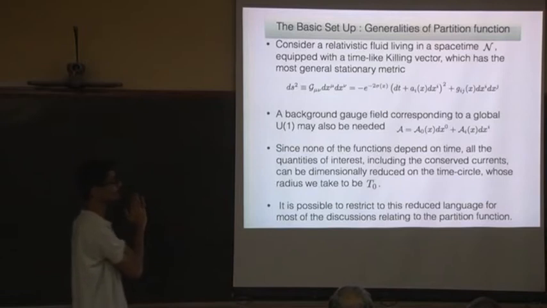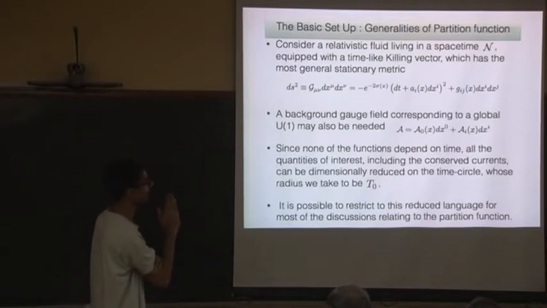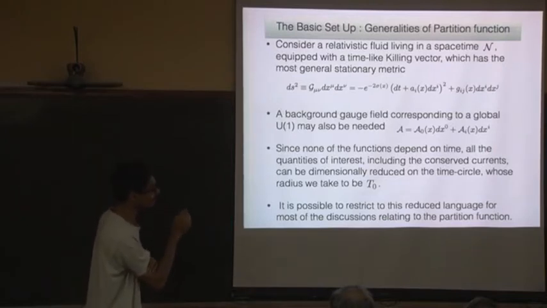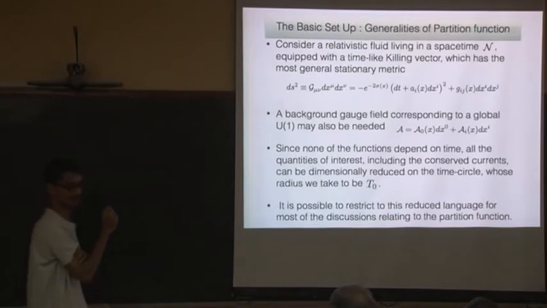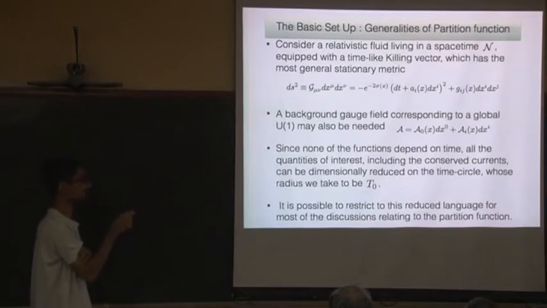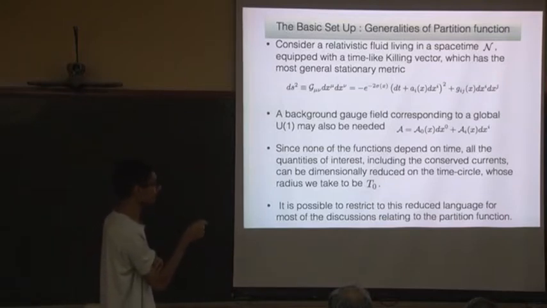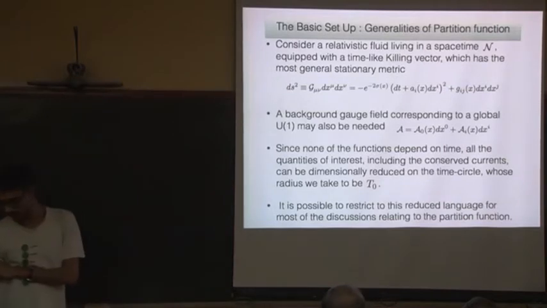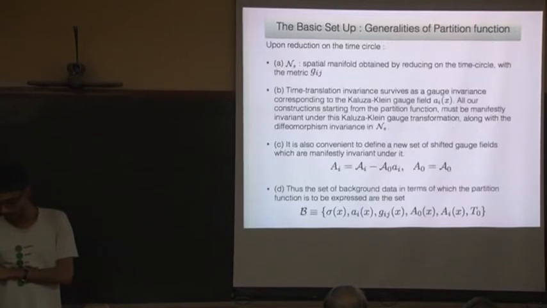Since none of the functions depend on time, by our stationary assumption, all the quantities of interest, including the conserved currents, can be dimensionally reduced on the time circle, whose radius we will take to be T0. It's possible to use this reduced language because of the stationary assumption, for most of the discussions relating to the partition function and things following from that.